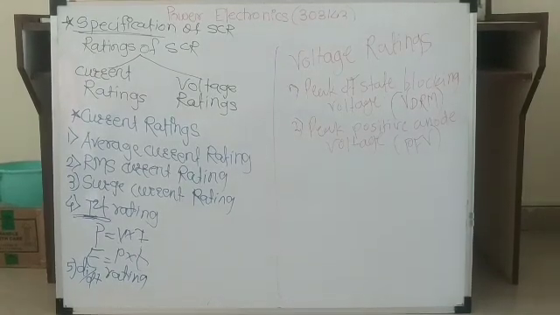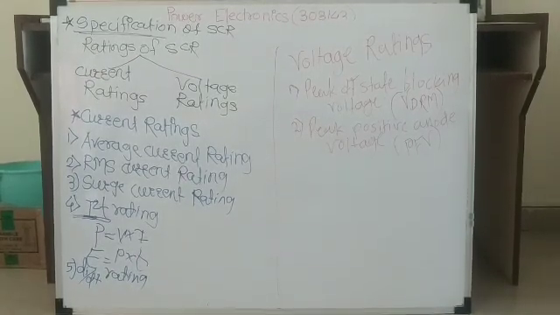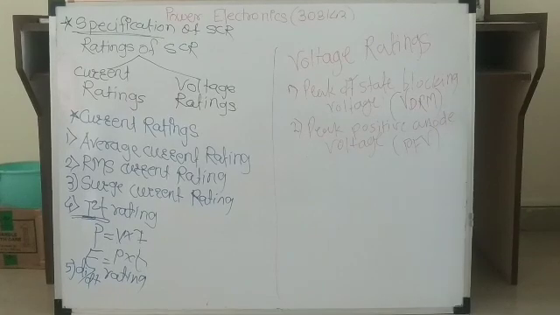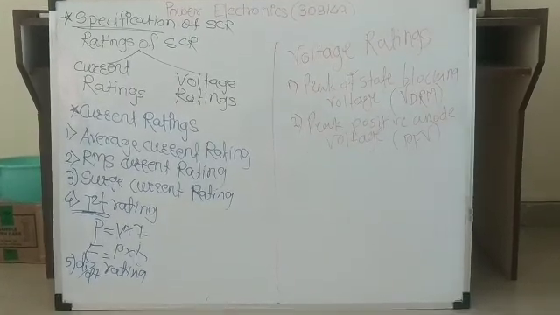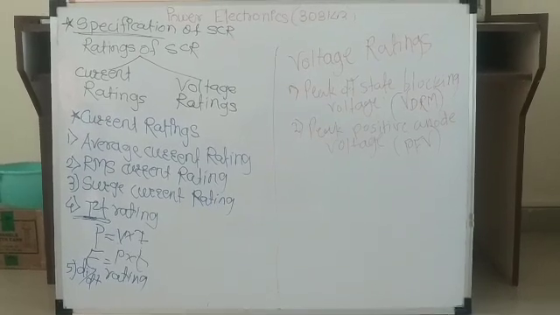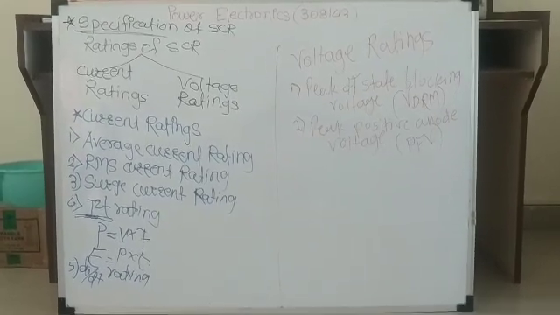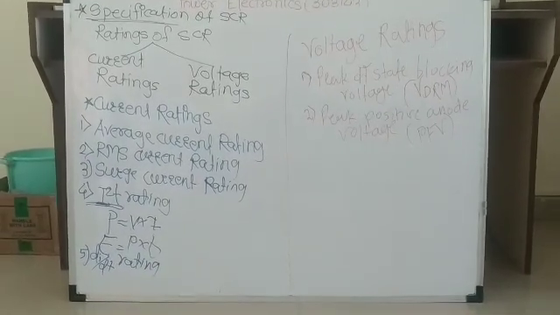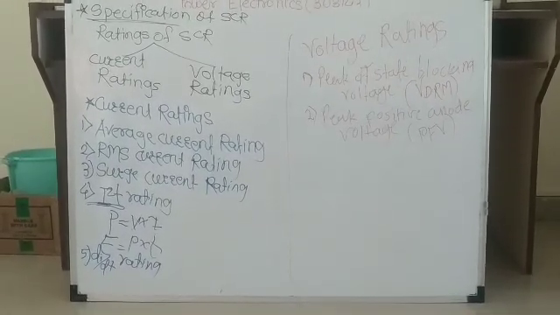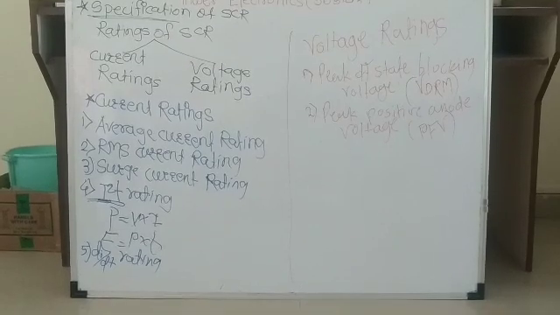And this second rating, PFV, peak positive anode voltage, is usually above VDRM. It is the maximum positive voltage that can be applied between anode and cathode without damaging the SCR.